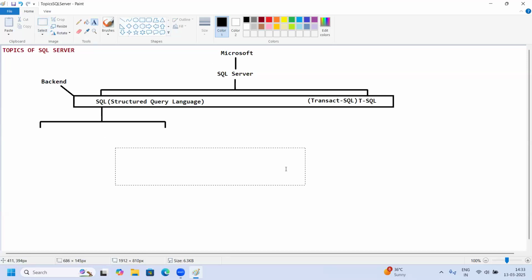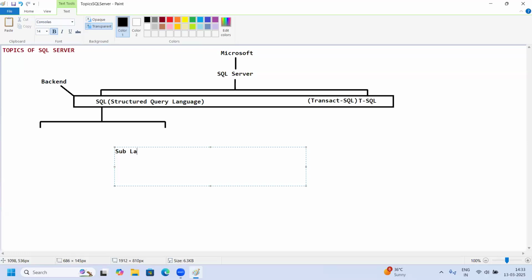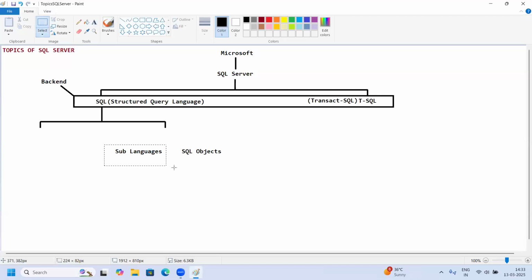One is to talk about sub-languages. And second is to talk about SQL objects. This is one module, and this is one module.